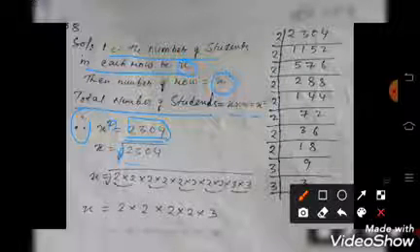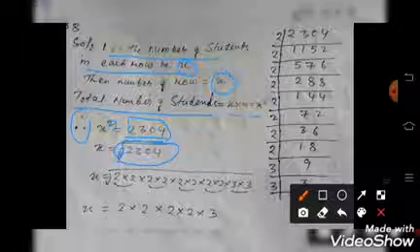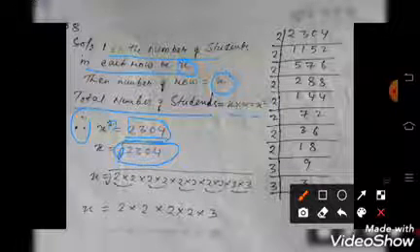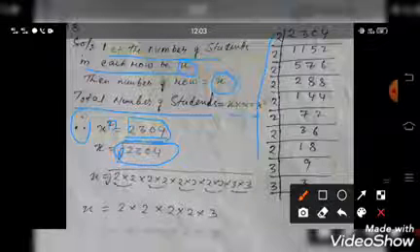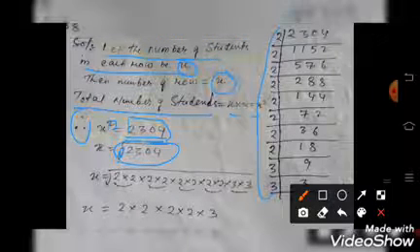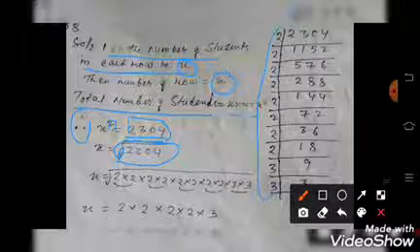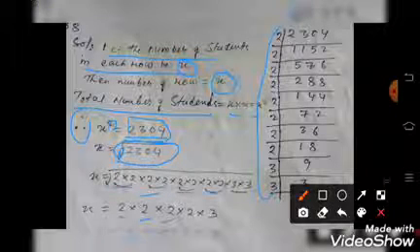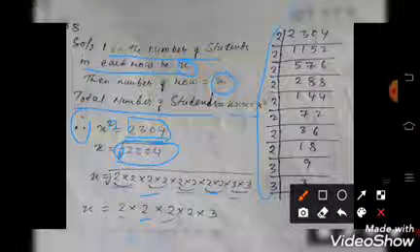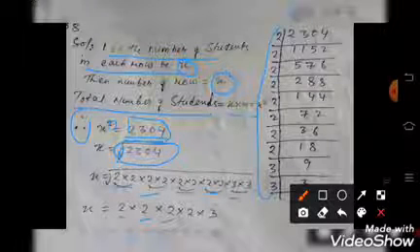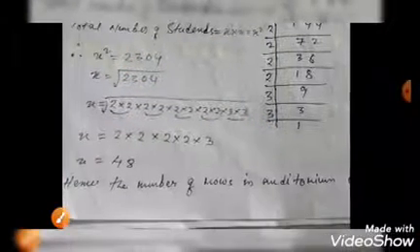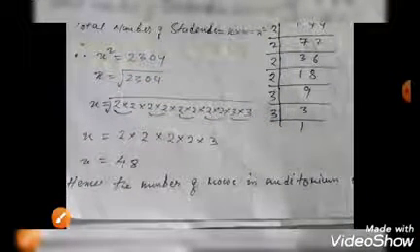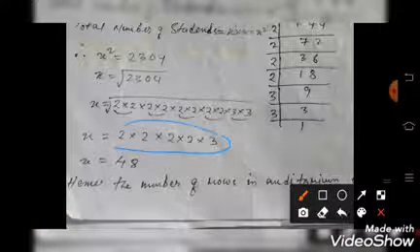After that we have to factorize this number. Then when we factorize the number, we get like this. After pairing, this is a perfect square, so you take one from each pair. Then how much did you get? You multiply all these numbers, and you get 48.